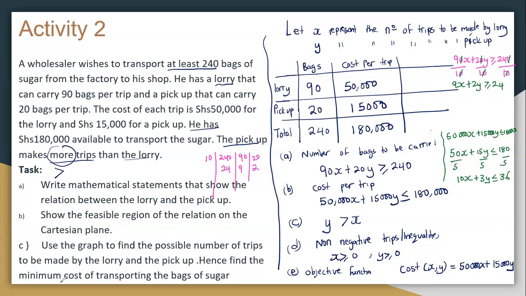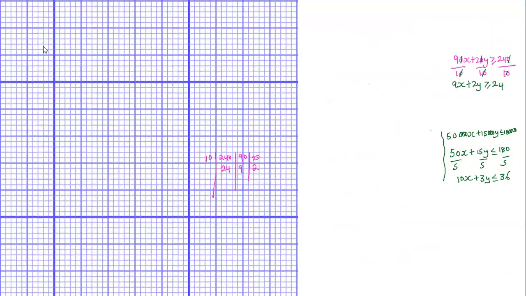Now we are going to go on to the next part of us drawing our graphs. Now this is my screen and we are going to draw our graphs. On my graph, I'm going to start with the first one.